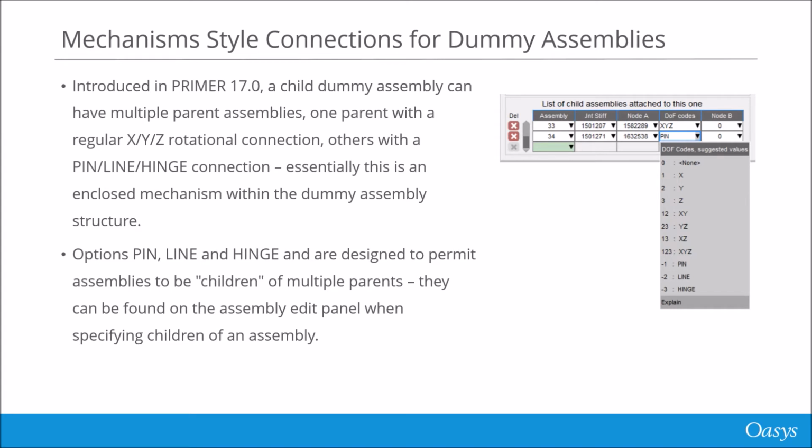So the new options, pin, line, and hinge, are designed to permit assemblies to be children of multiple parents. And they can be found on the assembly edit panel when specifying children of an assembly. So this is quite a niche tool, so it's probably of interest to dummy manufacturers, but other people might want to modify their dummy trees as well. So please have a look, and if you want any more information, please let us know.